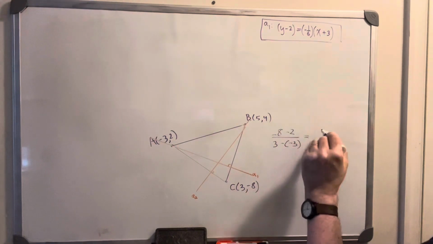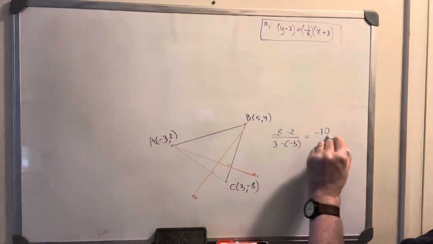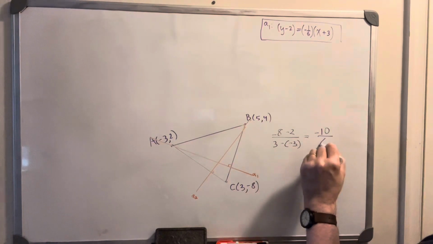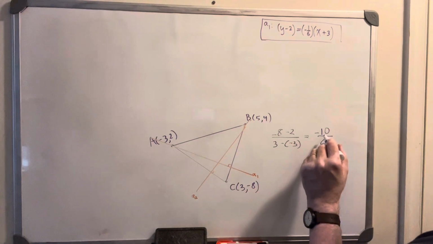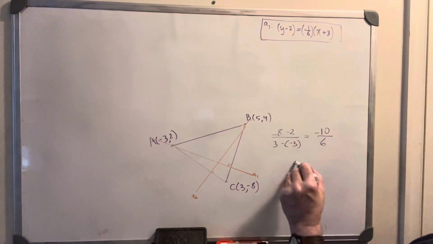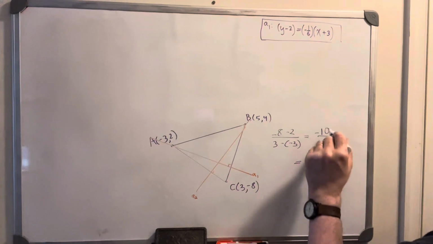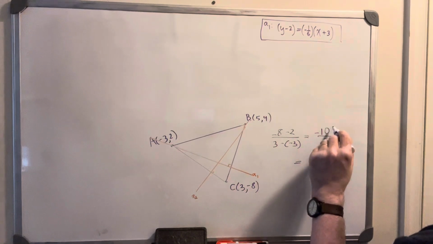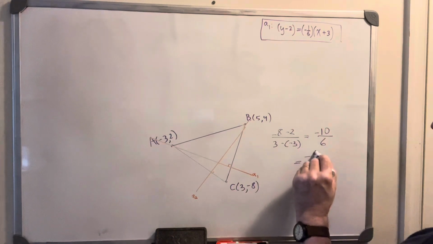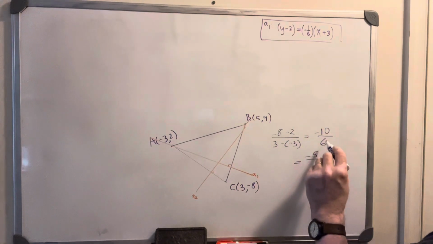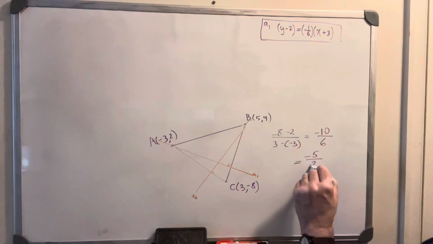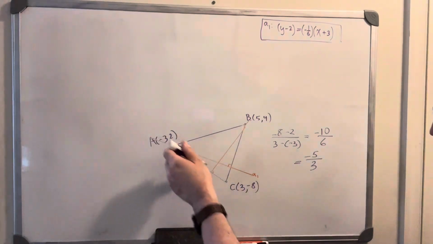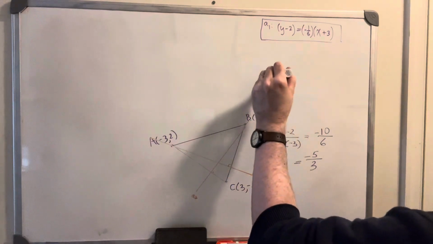Negative 8 minus 2 is negative 10. 3 minus negative 3 is 3 plus 3 is 6. Negative 10/6, which if you divide both top and bottom by 2, negative 10 divided by 2 is negative 5. 6 divided by 2 is 3. So that means the slope of this line is negative 5/3.